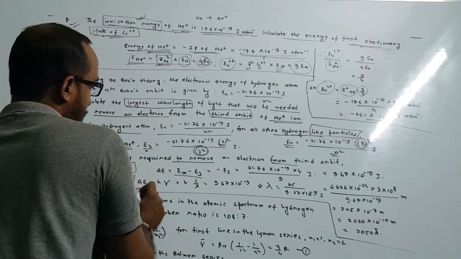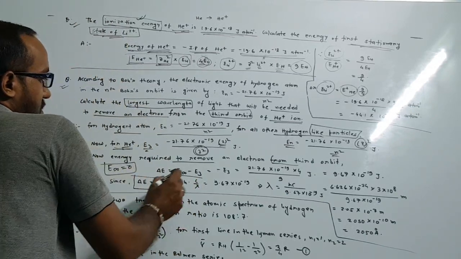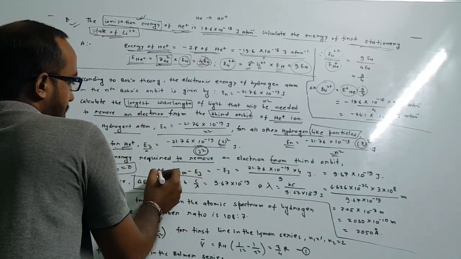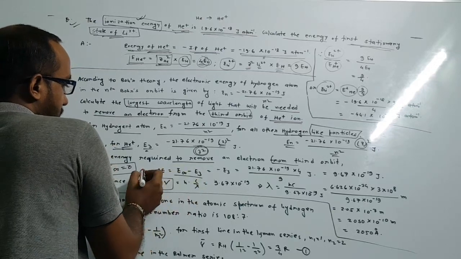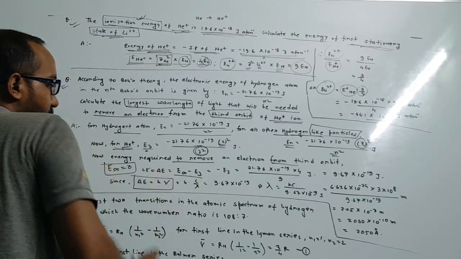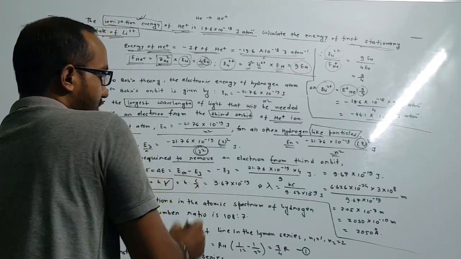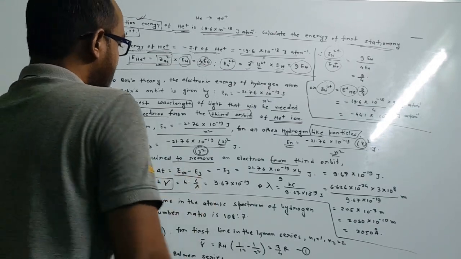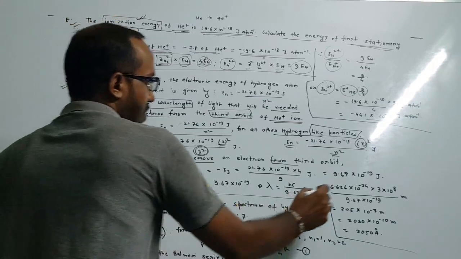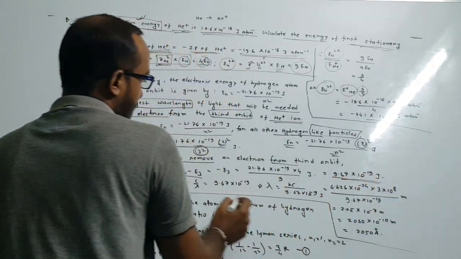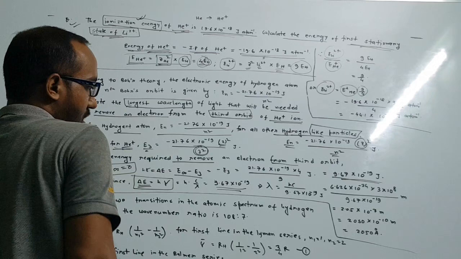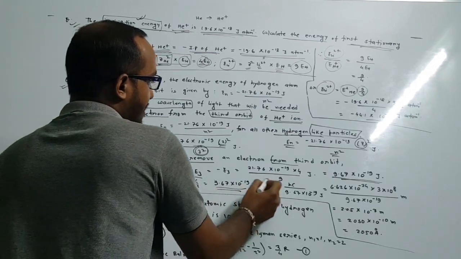Now see, we know E equals h nu, or we can say here that E2 minus E1 is actually h nu, the same thing. So delta E equals h nu, and nu equals c by lambda, so h c by lambda. This energy we have calculated now, 9.67 into 10 to the minus 19 joule, and you have to find the wavelength.